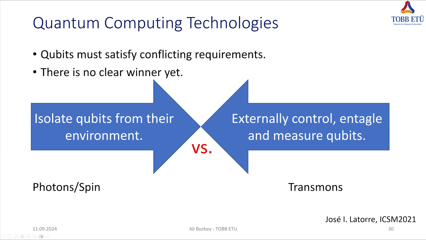But since they are not very strong, it's easy to control and measure the qubits in the case of microwave qubits or superconducting qubits. But in the case of photonic qubits, it's not easy to interact with them.